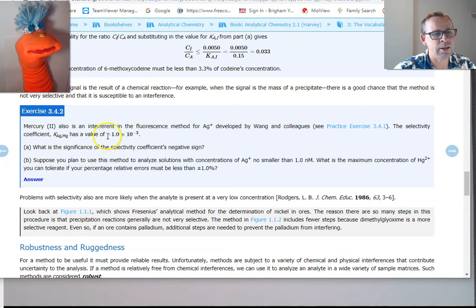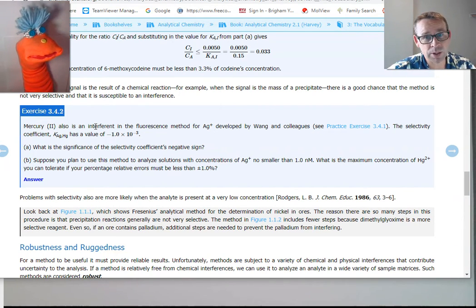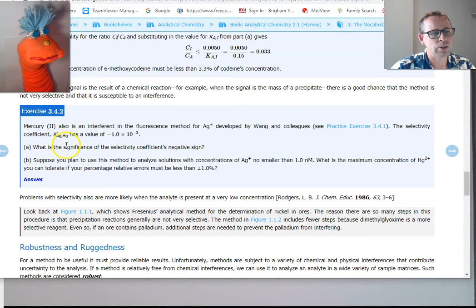And now the fact that it's a negative value, what do you think that means? Does that mean it suppresses the signal? That's right. So if you have the silver ion in solution, you'll get a signal X. If you put mercury in there with the silver ion, the signal will be lower, right? Because it's going to be suppressed. All right. So that's good.